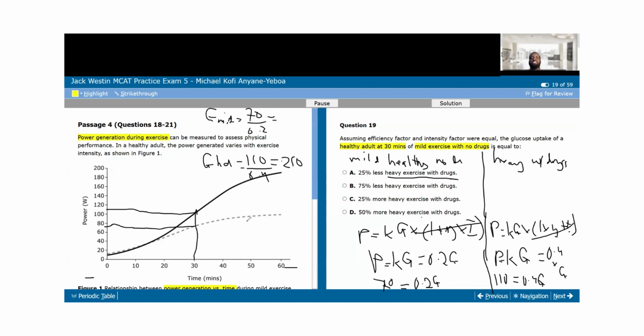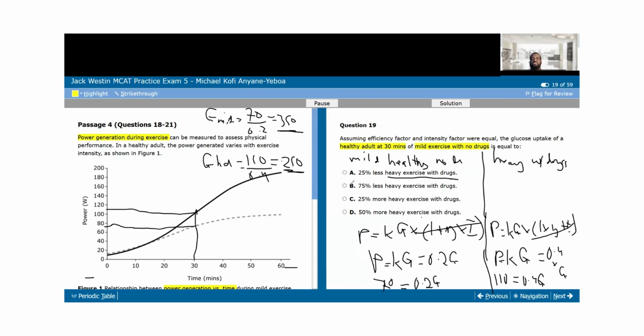And with 70, 2 goes into 70 35 times. So it's probably going to be like 350-ish, right? So in other words, from mild to someone who's doing heavy exercise with the drug, the number increases from 250 to 350.